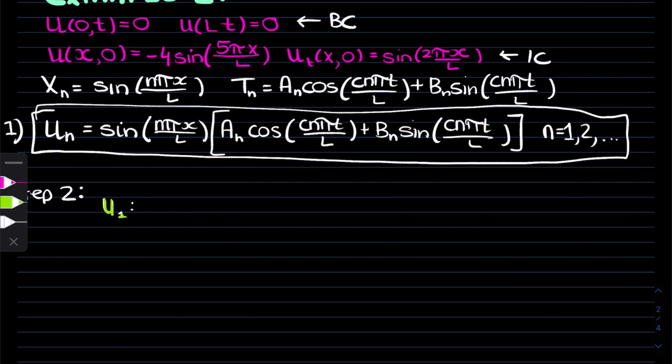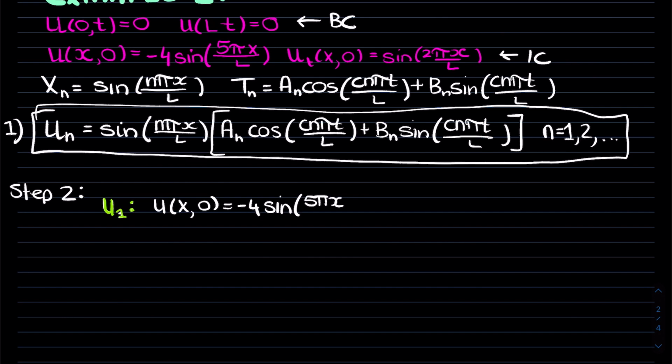so u1, which satisfies u of x, 0 equaling minus 4 sine 5 pi x over L, and it also needs to satisfy u_t of x, 0 equals 0.